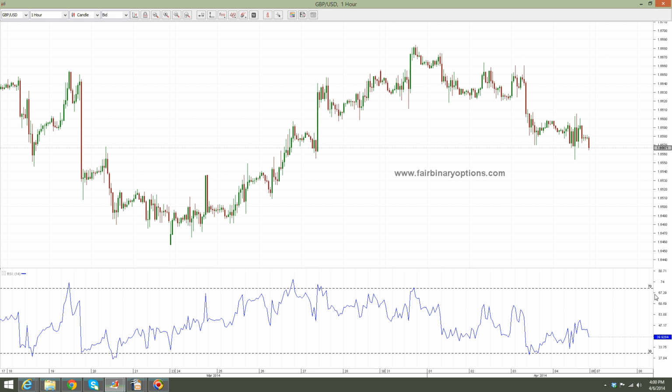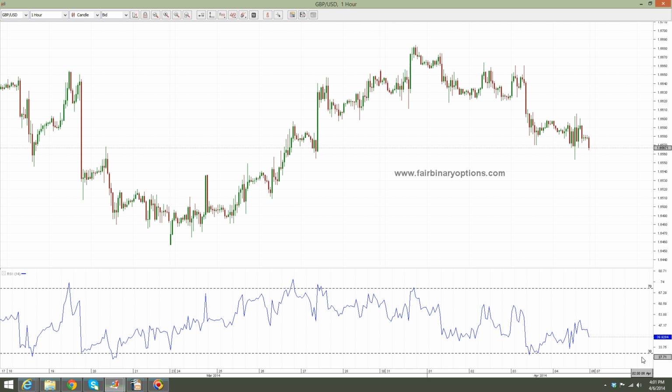So if you are looking for a place to buy put options, that would be the moment. If you're looking at the 30 level, that area is considered an oversold area, and we should buy call options as a result.